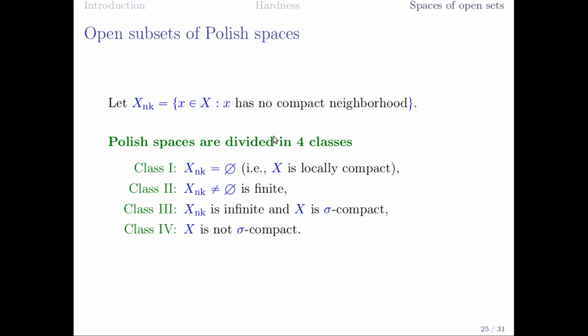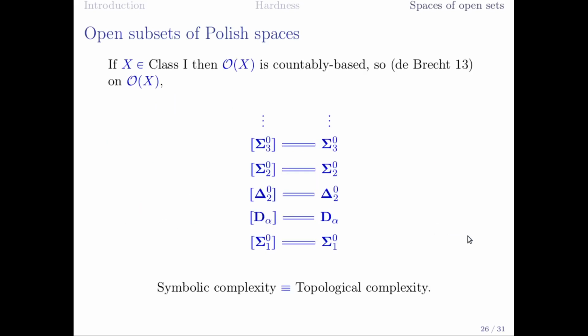And in between, we look at the number of points where local compactness is violated. So we look at this subset of points with no compact neighborhood, and depending on whether it's finite or infinite, we have these two intermediate classes. So class 1, an example is R, and class 4, an example is the Baire space.